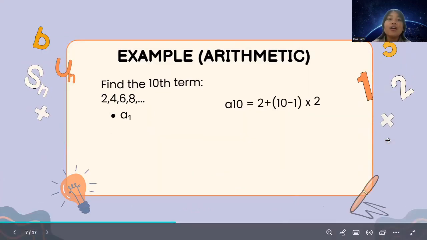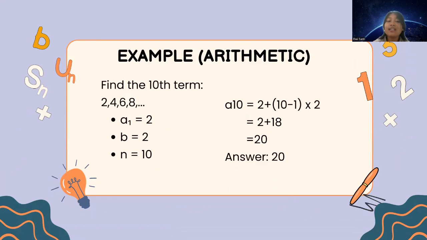Next, for example, find the 10th term of the arithmetic sequence 2, 4, 6, 8. A1 equals 2, b equals 4 minus 2 equals 2, and n equals 10.